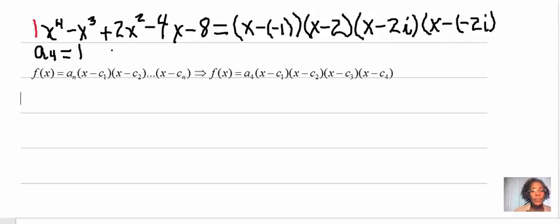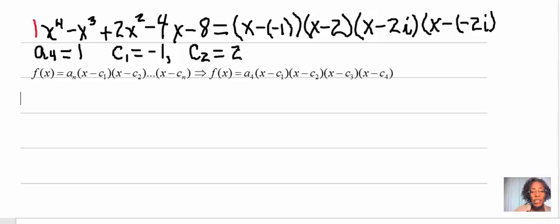Our c1, the order that you write these in doesn't matter, as long as one of your roots, in this case, since we've written this one first, I'm going to call it c1, is negative 1. As long as one of your roots is 2, it doesn't matter if you call 2 c1 or c3 or c4.